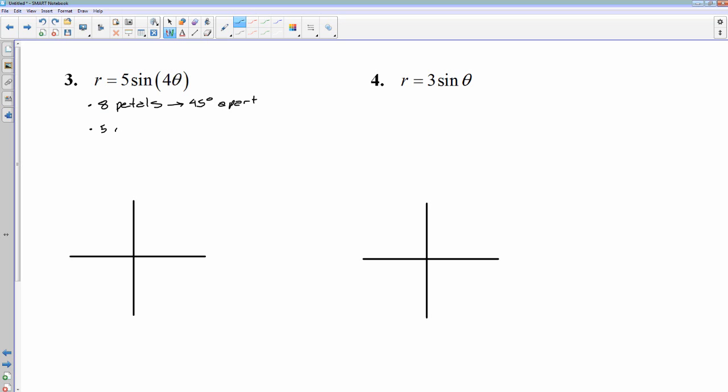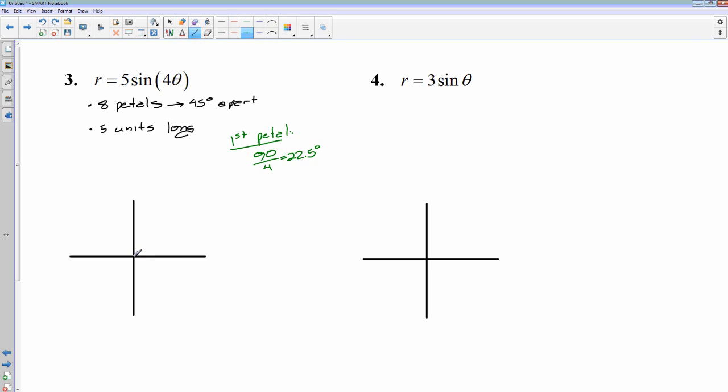Oh, this is going to be rough. I see something tough in the future. 5 units long. And then we need to find out where that first petal is going. So my first petal is going to be heading off at the angle of 90 divided by 4, which is 22.5 degrees, which is kind of mean. Not kind of mean, that is mean.